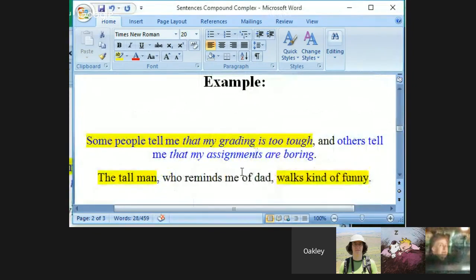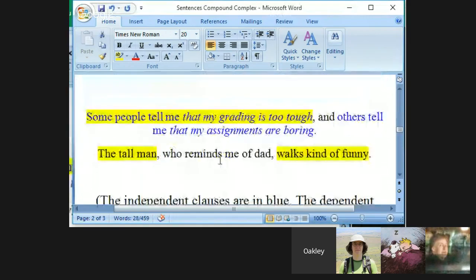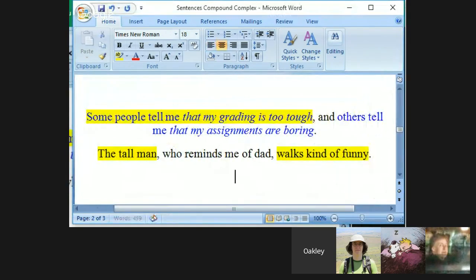Just think about moving around this dependent clause. All right, see if we can come up with something a little more complicated to talk about. Maybe using a couple of these kinds of features here, which you see here. Monica? Let's see if we can get a little more complicated here.